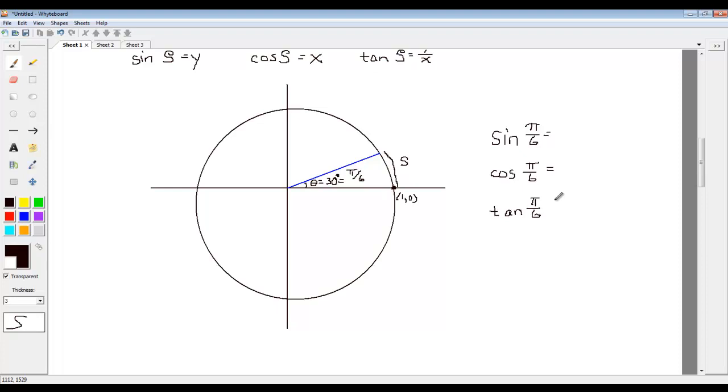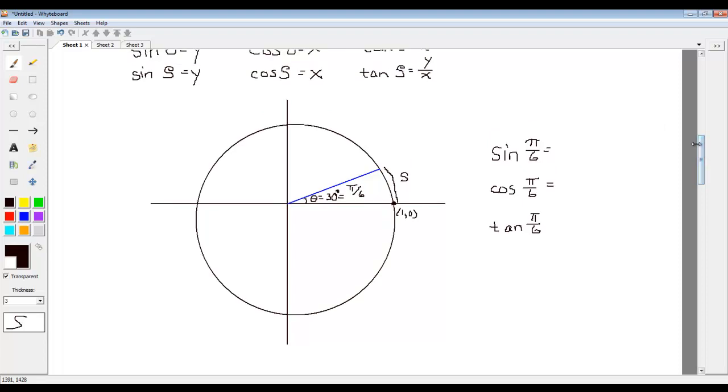We know that the sine of pi over 6 is going to be 1/2. We know the cosine of pi over 6 is square root of 3 over 2. We know that the tangent is square root of 3 over 3. We know that from previous work with right triangles. You know, if we think about this as a right triangle.